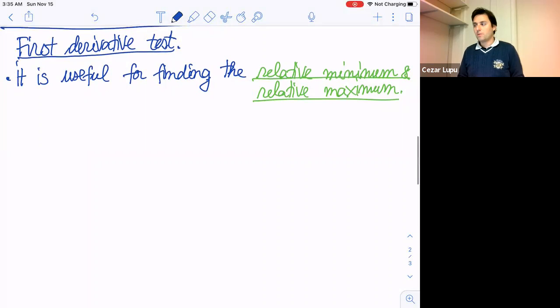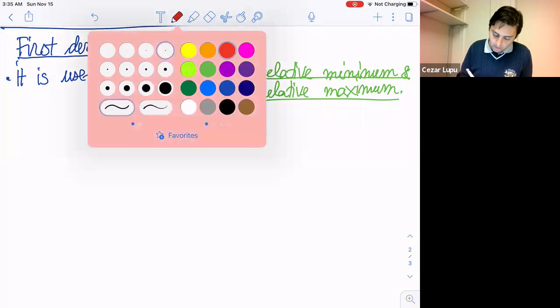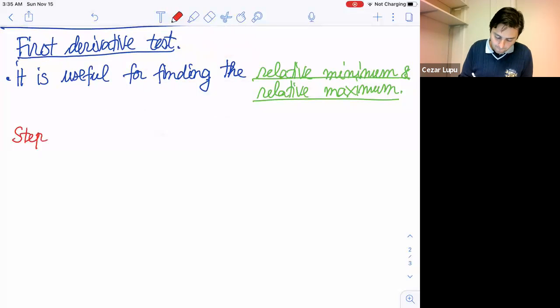So we will follow some steps here. So step 1, in fact, let me write it with red. Step 1. Well, we need to find all critical numbers.